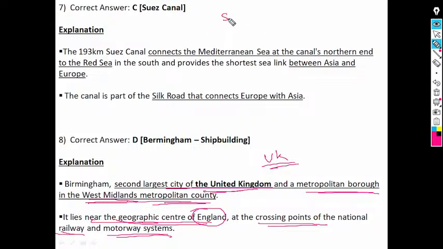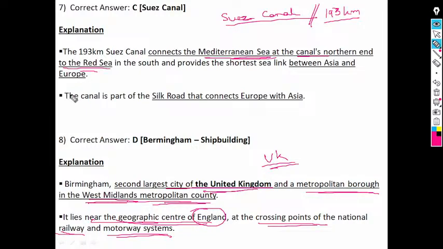The Suez Canal is 193 kilometers long and connects the Mediterranean Sea at the canal's northern end to the Red Sea.